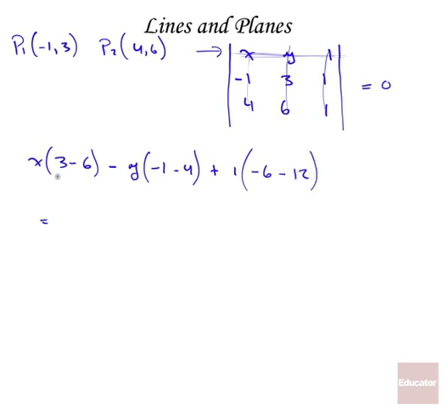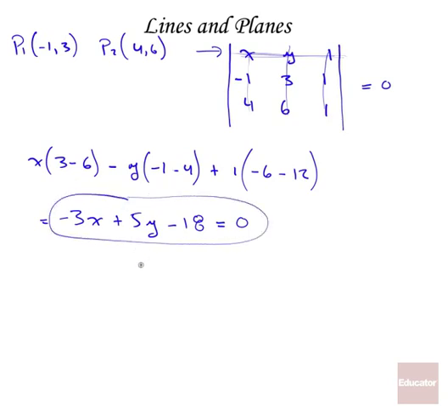And we end up with 3 minus 6 is minus 3x. Here we end up with minus 5 times a minus y. This is going to be plus 5y. And then this is going to be minus 6 minus 12. This is minus 18. And again, this determinant is equal to 0. This is the equation of our line.